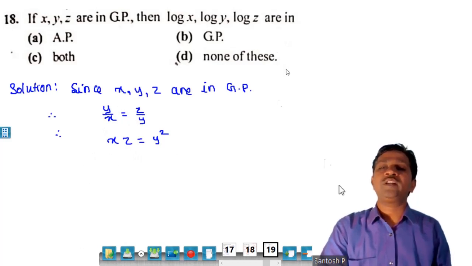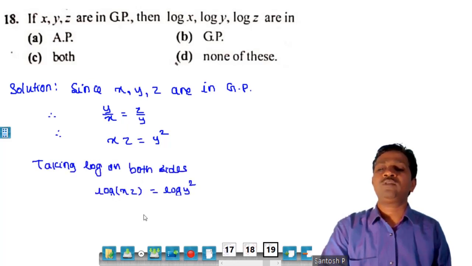Taking log on both sides because I need log X, log Y, log Z. So taking log on both sides, I can write log of xz equals log of y square. By the property of log, the log of a product is equal to the sum of their logs. Log of xz is log x plus log z. And log of y square is 2 log y, by the exponent property.